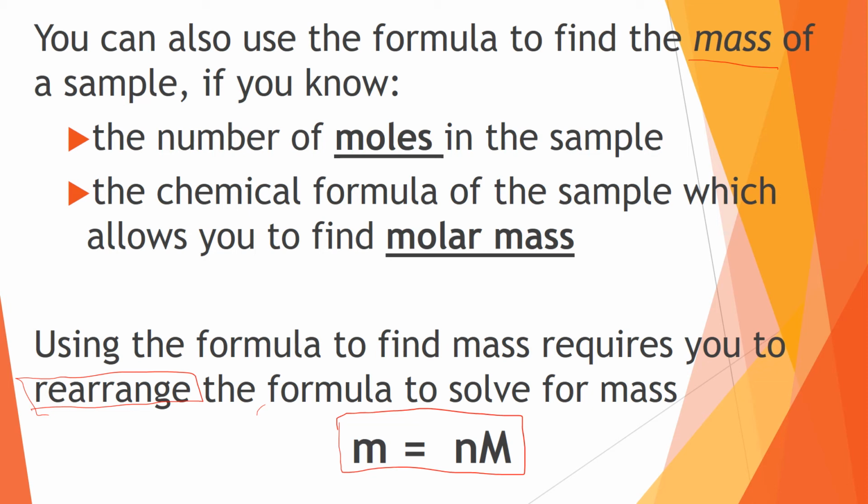Remember our original formula was N is equal to mass divided by molar mass. How do we get mass all by itself here? Because we're dividing by molar mass, if we multiply by molar mass over here, we cancel out. We multiply by molar mass over here. Now we're left with mass all by itself. Now, word of warning, you're given the original formula in your data sheet, but you have to know how to manipulate the formula. Okay?